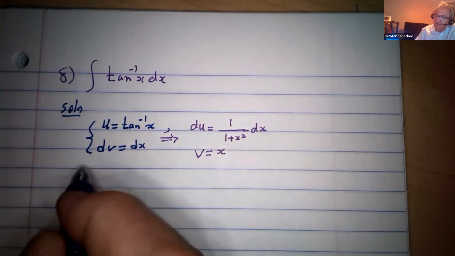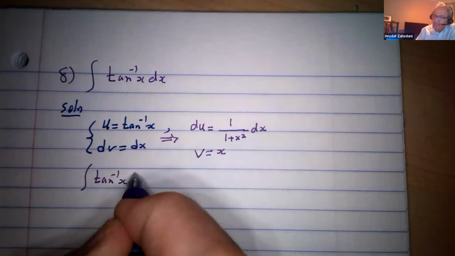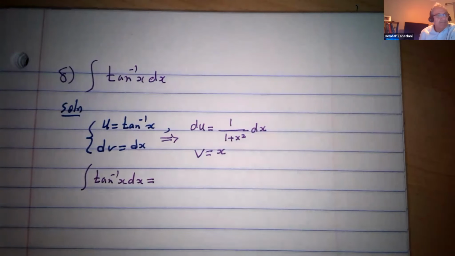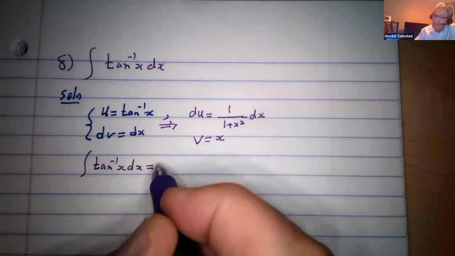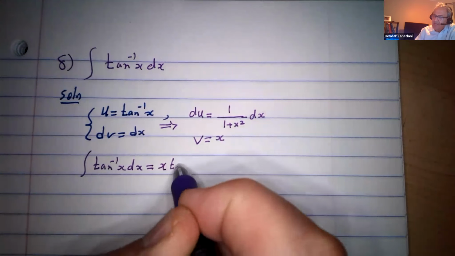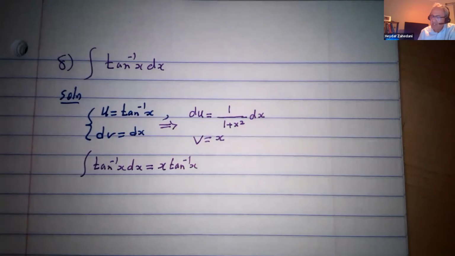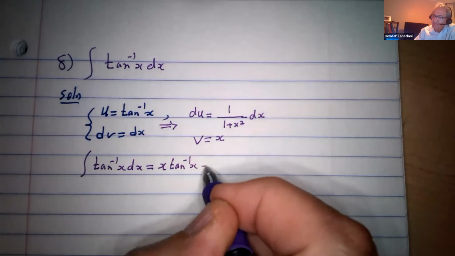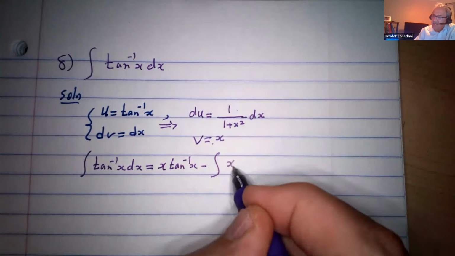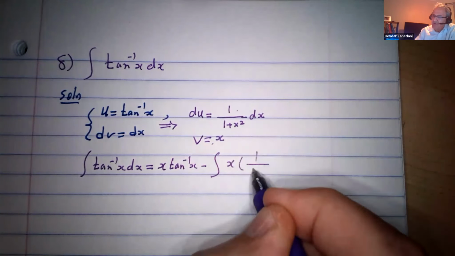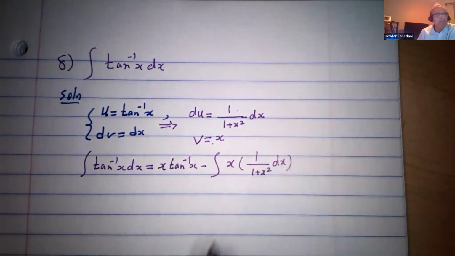Go back to the formula: the integral of tan inverse of x dx is equal to uv, which is x times tan inverse of x, minus the integral of v du. V is x, and du is 1 over 1 plus x squared dx.